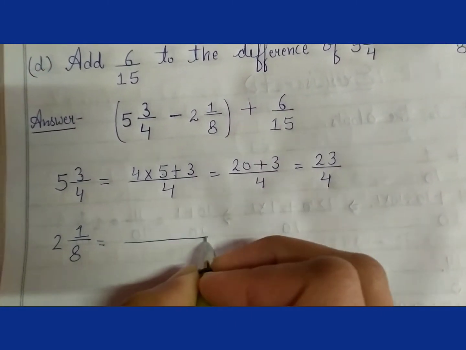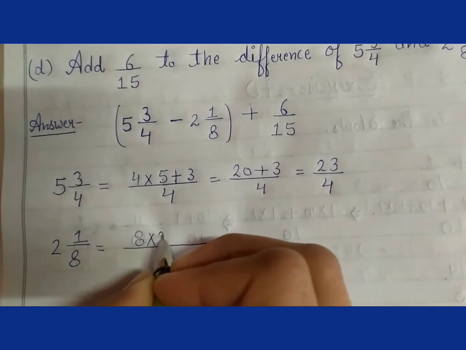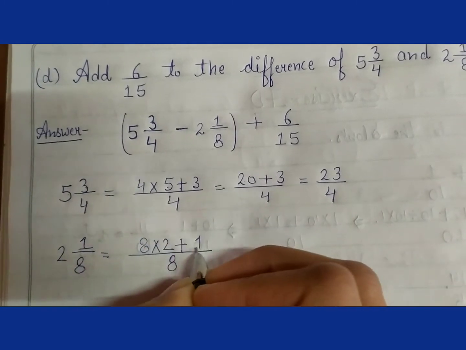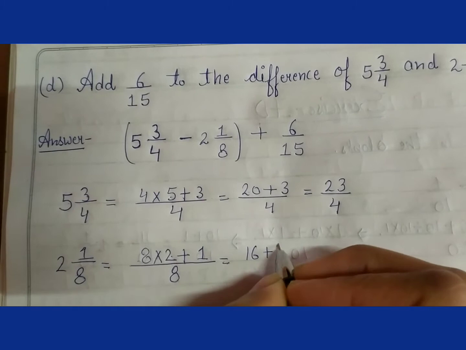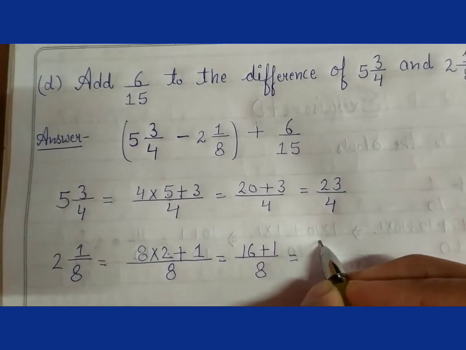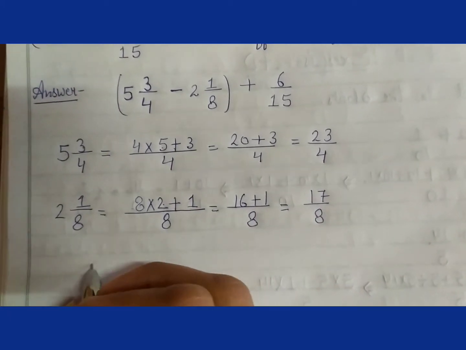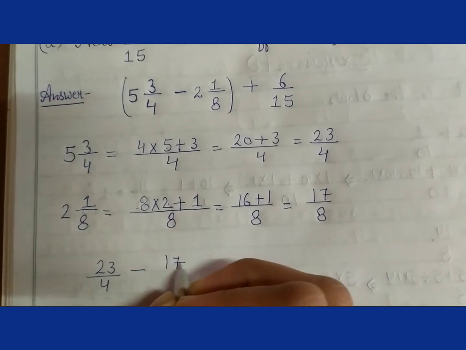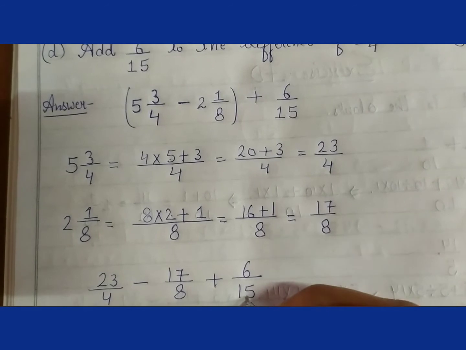Write 8 in the denominator. In the numerator, 8 multiply 2 plus 1. 8 multiply 2, 16 plus 1, 17 upon 8. That is 23 upon 4, subtract 17 upon 8, then add 6 upon 15.